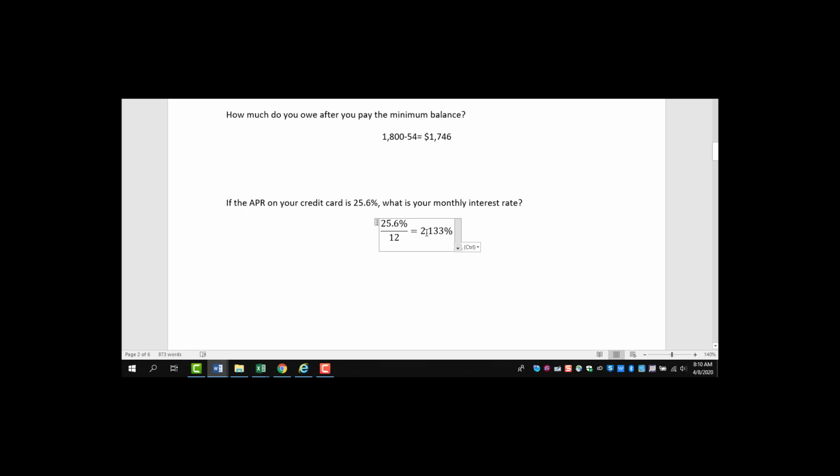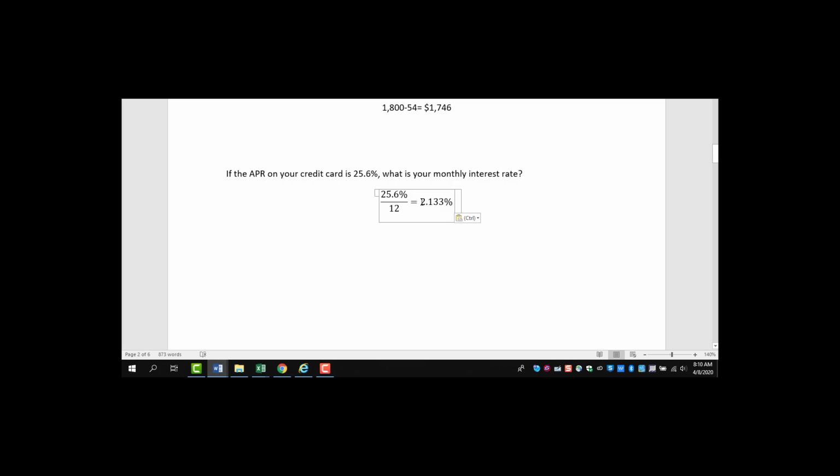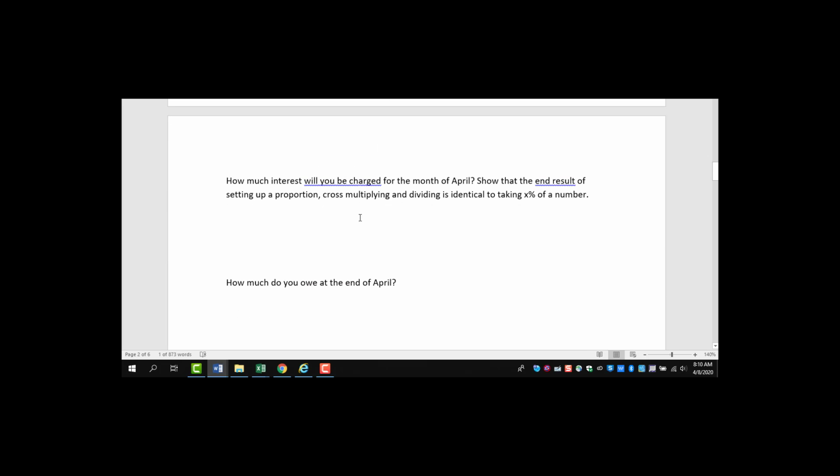We don't get a decimal, right? Half of 50%, for example, is 25%. So that's our interest rate. Let me put that down here as the monthly interest rate.